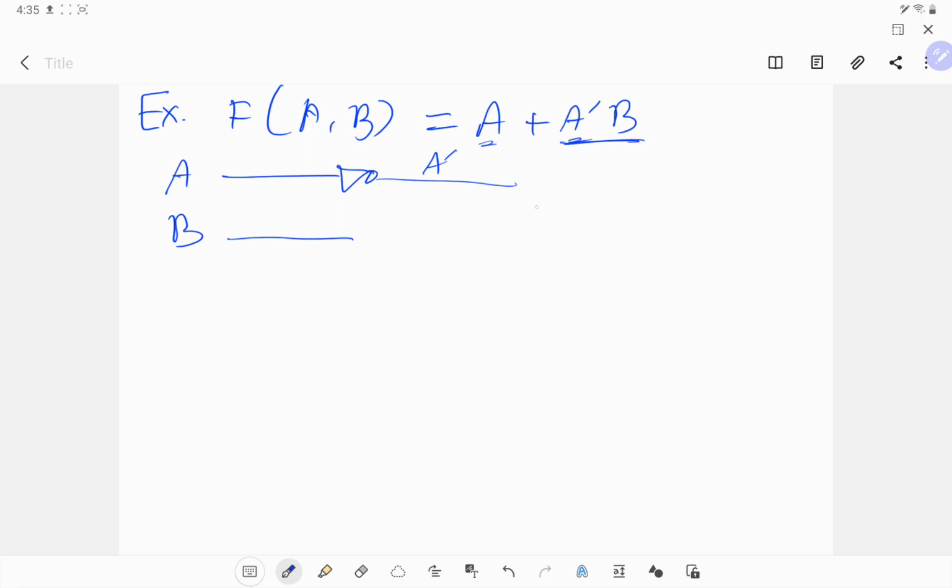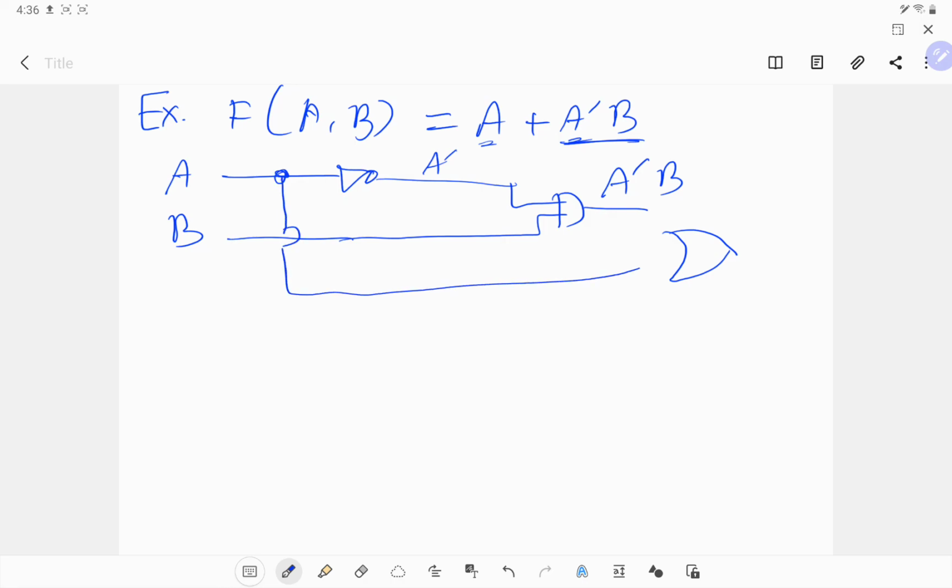Then we need A prime B, so we need an AND gate, A prime and B, so this will give us A prime B. Now A plus A prime B, so we actually need an OR gate, and the first input is A, and the second input is A prime B. So this is A plus A prime B.